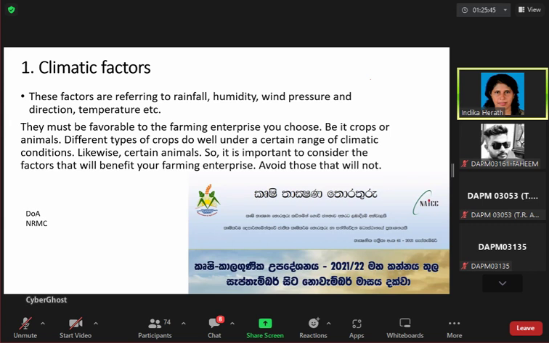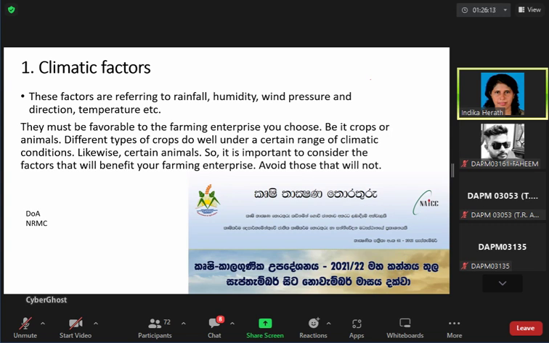So in that case, the climatic factors we are going to talk about here are what kind of environment and climatic condition is suitable for that crop, and whether that environment is available in the land that we have selected or are going to select, right? That is the most important thing that you need to think about.